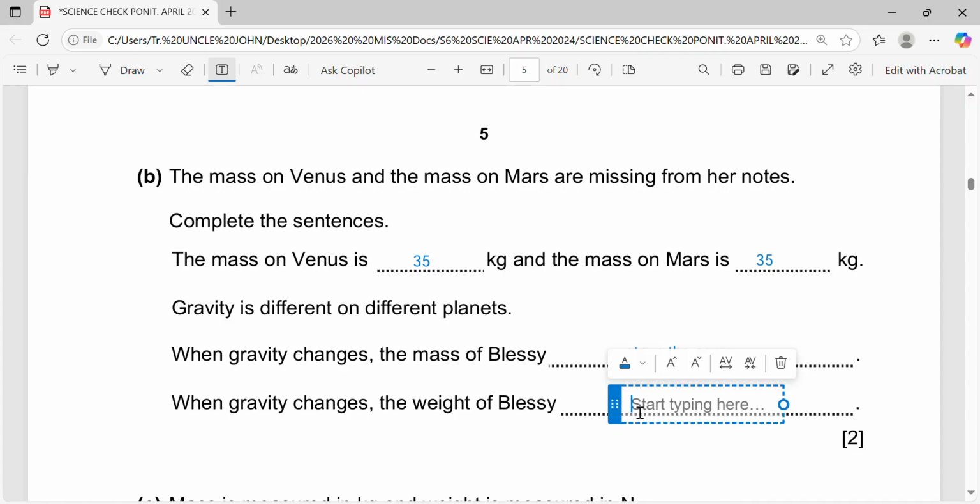When gravity changes, the weight of Bressy changes.